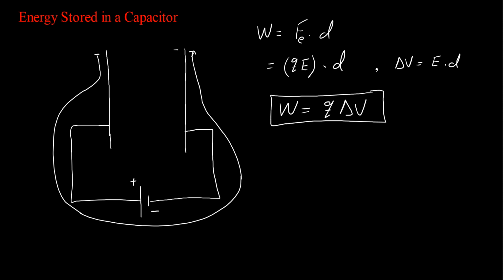If I want to calculate the work done by the battery to move the first charge, it will equal 0, because there is no potential difference yet to move the charge between the two plates.